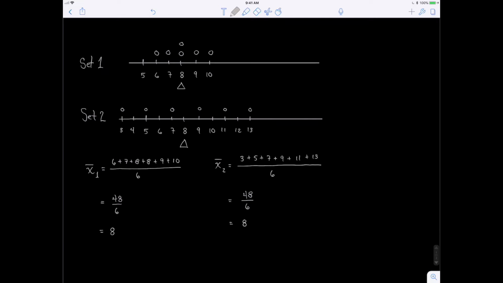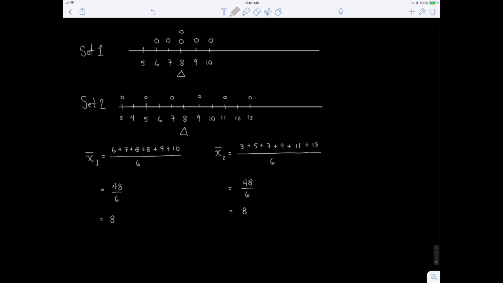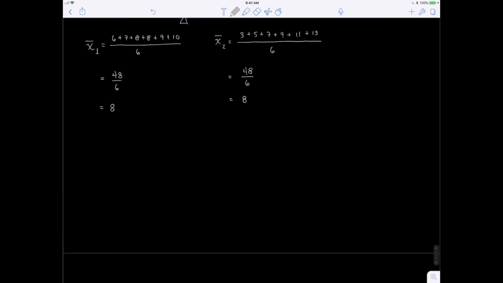So here's what we're going to do. We're going to look at how far the data is from the mean. So we'll make a table for data set 1. We're going to take the data and the mean, and subtract the two values, x minus x bar.